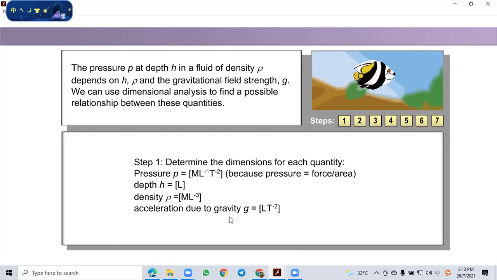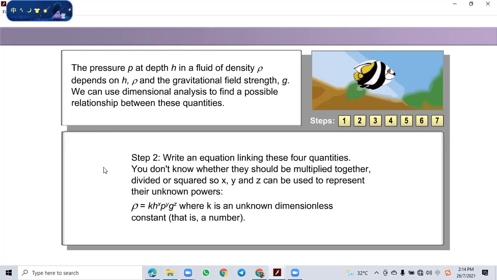Acceleration due to gravity g is LT negative 2.